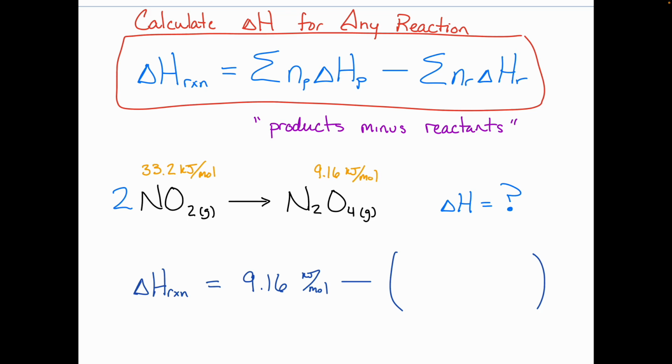All right? If you had more than one reactant and you didn't put it in parentheses, you'd mess up your order of operations. You wouldn't distribute that minus sign like it should be distributed. All right? So now I'm going to do my delta H of my reactants, but I'm going to multiply by that stoichiometric coefficient of 2 times that 33.2. Punch that into my calculator, and we better get that same value, or I messed up. Wonderful.